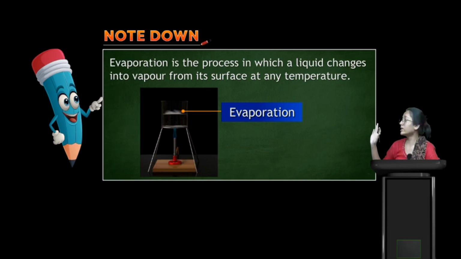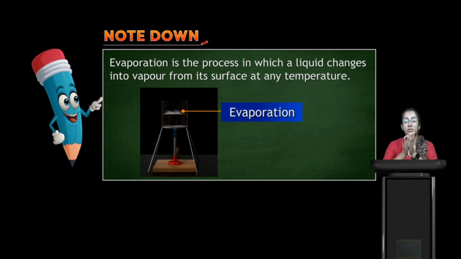In the case of boiling point, we need to heat the water, but in evaporation we don't have to intentionally give heat to the water. If you put a bowl of water aside for some days, what will happen? The water will disappear, and the water level becomes lower than earlier.